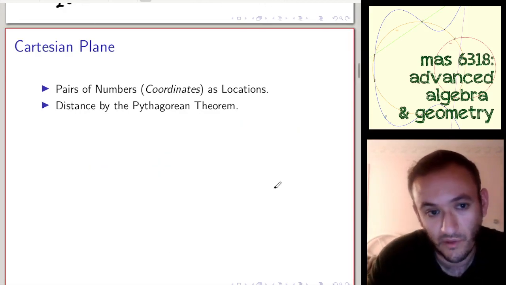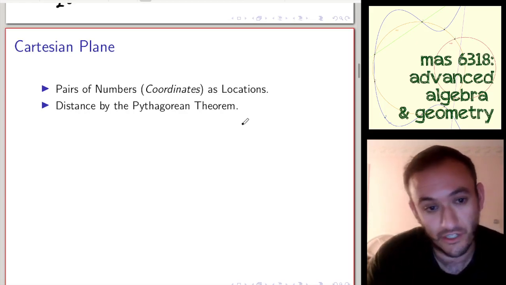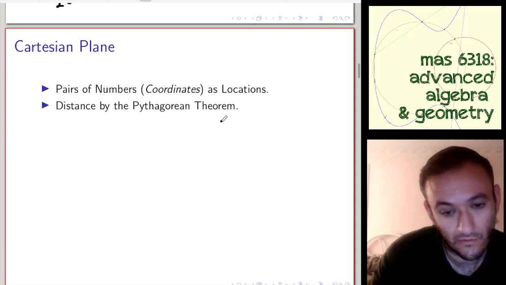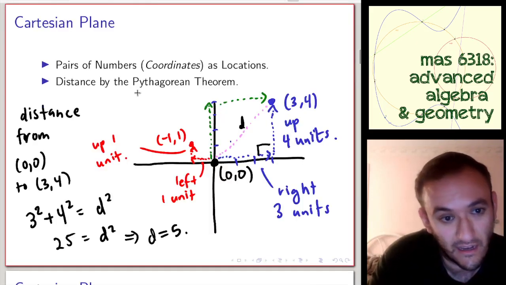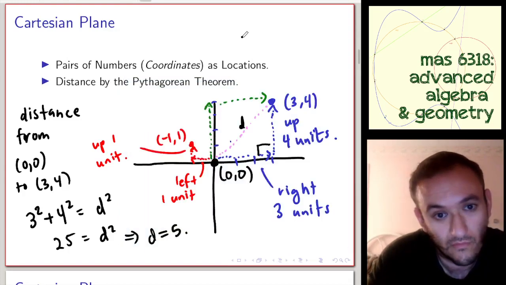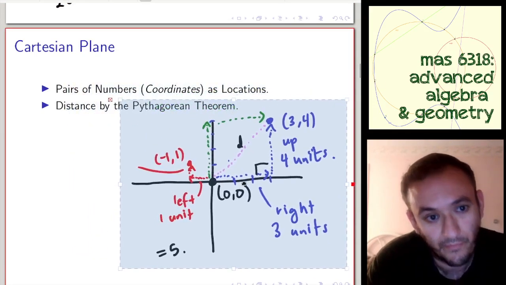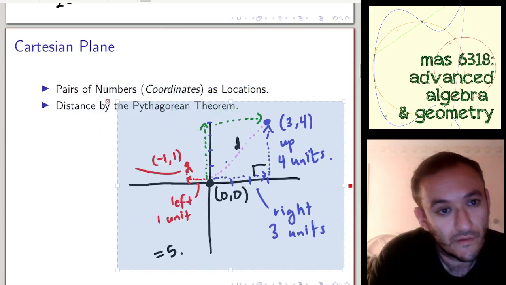What if I wanted to compute distance between 2 points and one of them isn't the origin? So we can go back to the previous slide. Here we go.